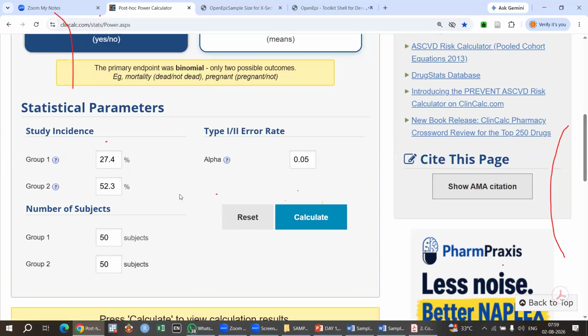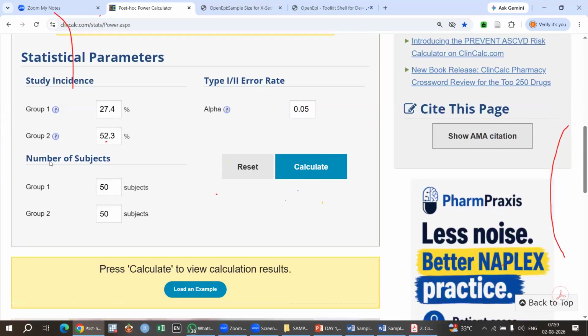Here what are we giving? We are giving the number of subjects here. Earlier we were calculating this number of subjects, but in post hoc power calculation we are giving the results of our current study, not a previous study, and we have recruited this many patients arbitrarily. We did not calculate, we just recruited, and then calculate power.